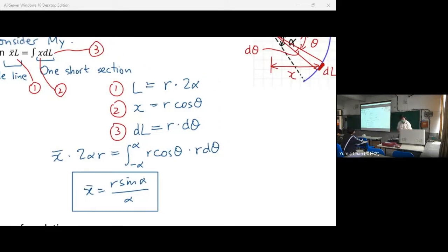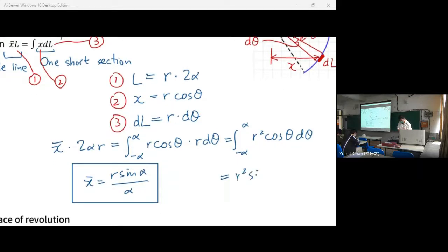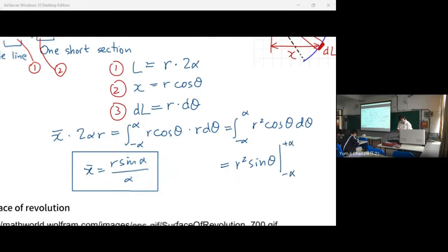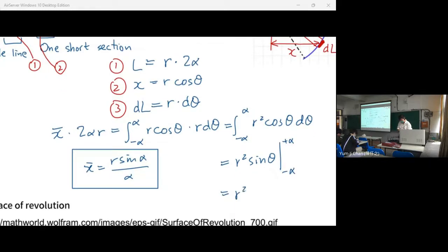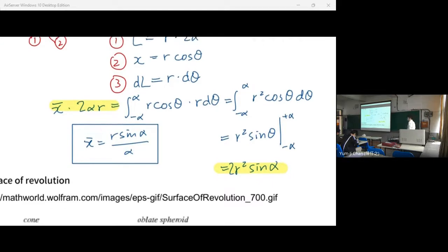So this is equal to the integral from minus alpha to alpha of r squared cosine theta d theta, which is equal to r squared sine theta, and then you put plus and minus alpha here, then it is equal to 2 r squared sine alpha. And you take this and you will get x bar. Take your time to write this down.